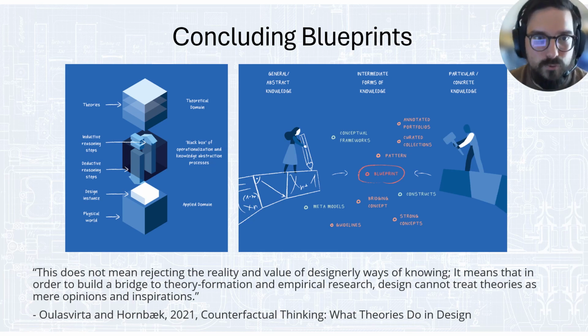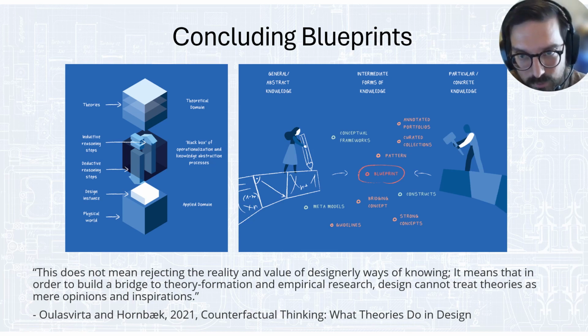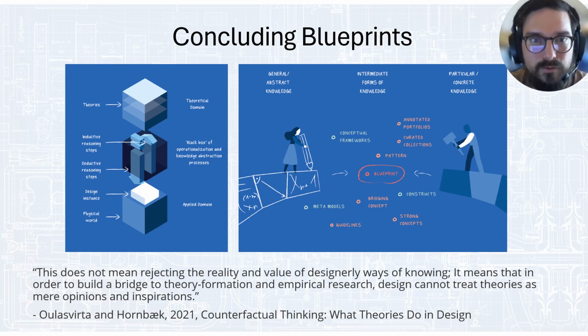Or as Olaswurtu and Hornbeek put it, this does not mean rejecting the reality and value of designerly ways of knowing. It means that in order to build a bridge to theory formation and empirical research, design cannot treat theories as mere opinions and inspirations. We would like to think blueprints can facilitate this.